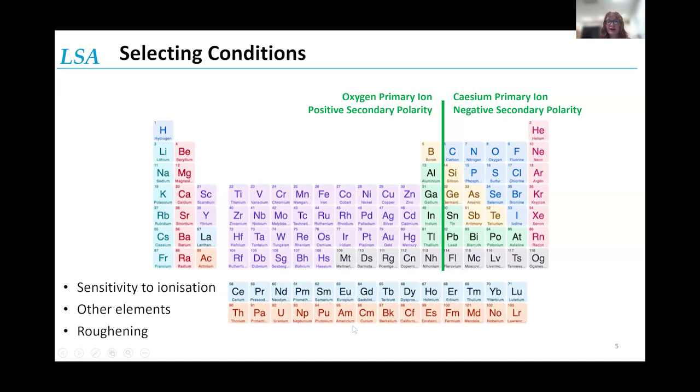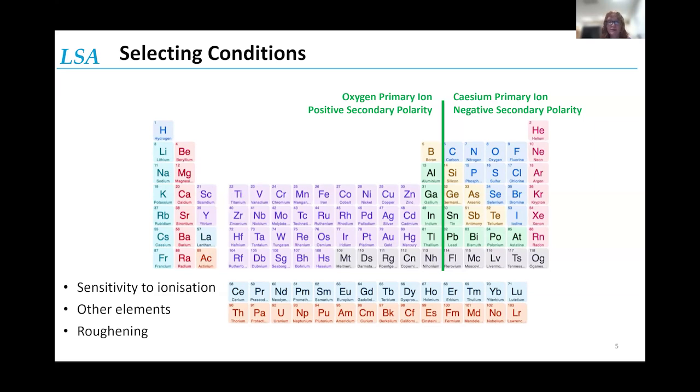But then we do also have to take into consideration the matrix elements. Metals quite often are influenced by the oxygen content in the sample. If you use an oxygen primary beam, you negate or reduce the influence of the oxygen content in the sample, but it also roughens a lot more.